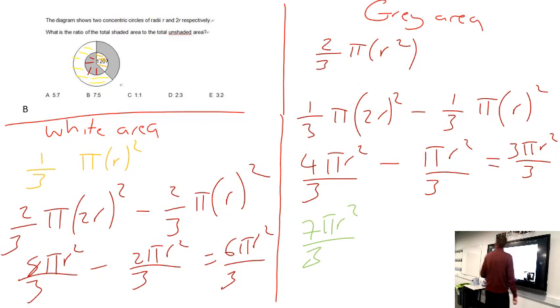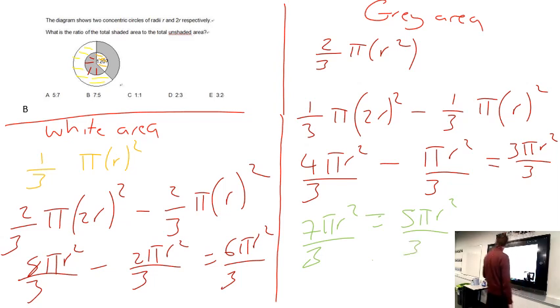And the grey area, the shaded region. So what do we have? We have 2 over 3 pi r squared plus 3 pi r squared over 3. So what's that going to be? That's going to be 5 pi r squared over 3.